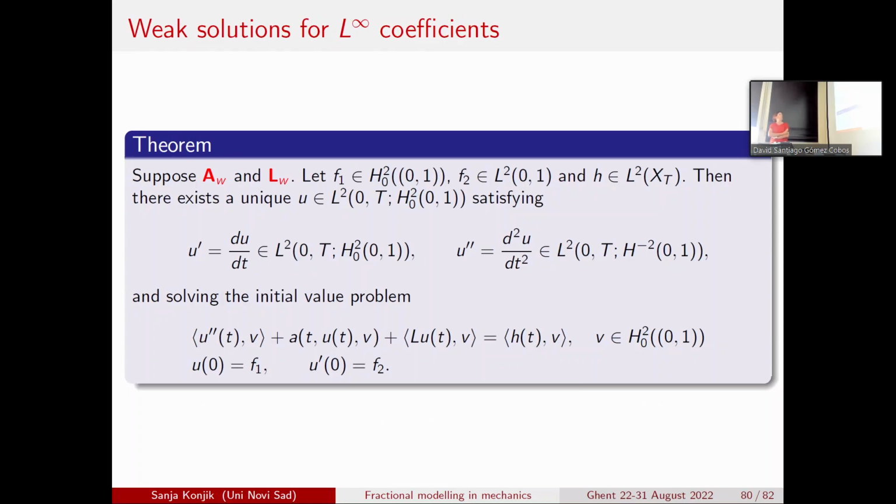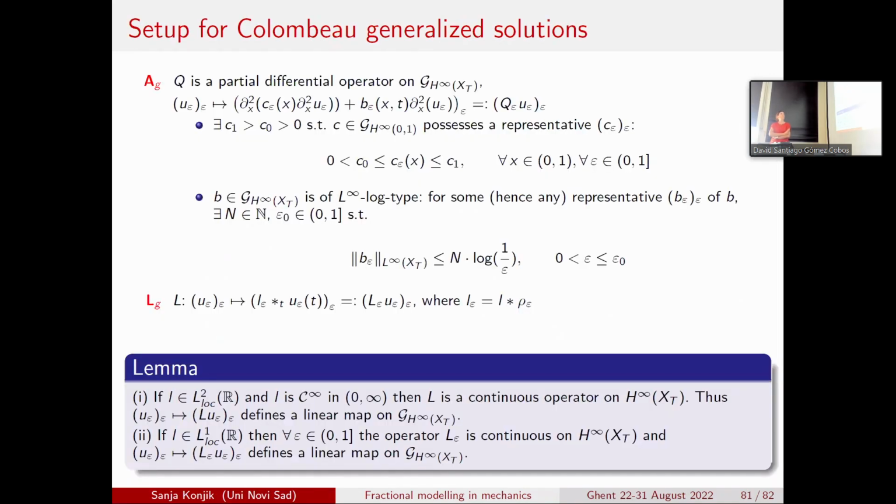So the next step was the setup for the Colombeau generalized solutions, which means that now we will make a convolution with a mollifier, and the whole problem will in fact be embedded in those Colombeau generalized spaces.